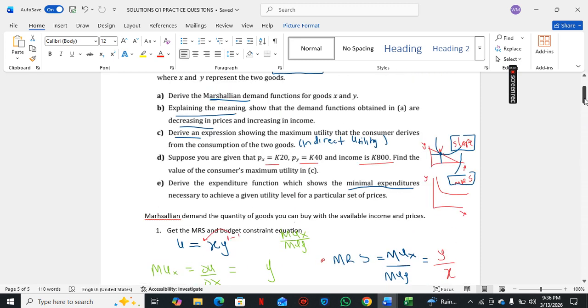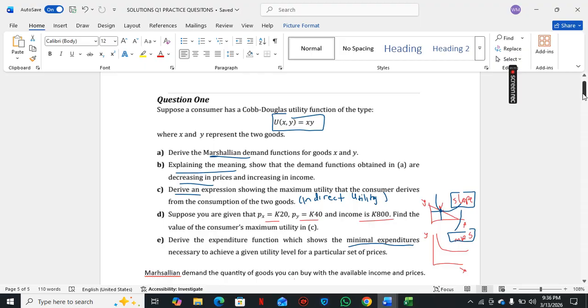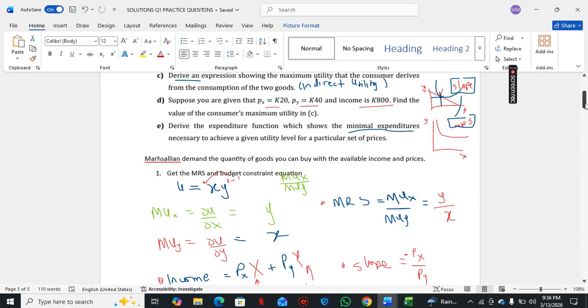That's going to show us the utility maximizing quantities the consumer must engage in. You're going to follow these steps to get these Marshallian demand functions.